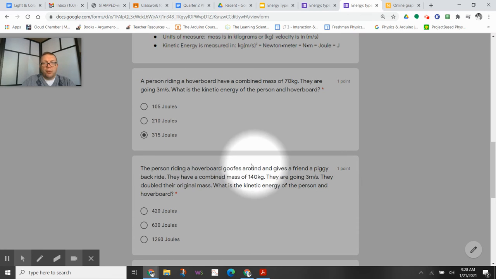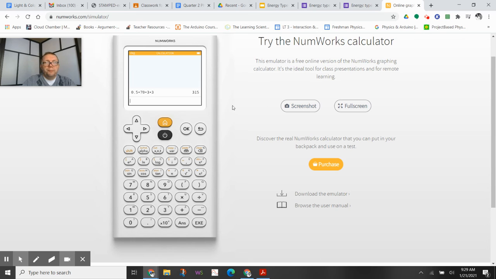Now the next one, we're still talking about the hoverboard, but now they're giving their friend a piggyback ride. They have a combined mass of 140 kilograms. They're still going 3 meters per second. So 0.5, because it's always 1/2, and 1/2 and 0.5 are the same thing, times the mass, which increased to 140 because they're being reckless and giving somebody a piggyback ride.